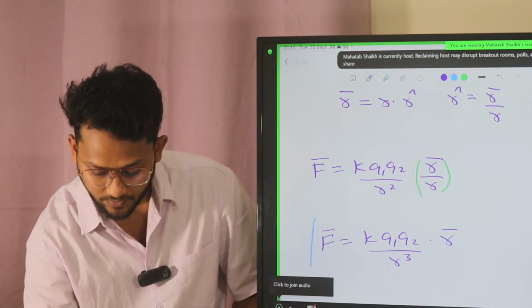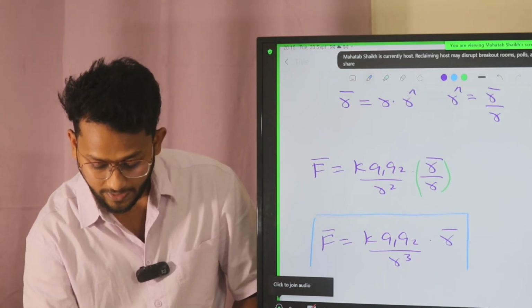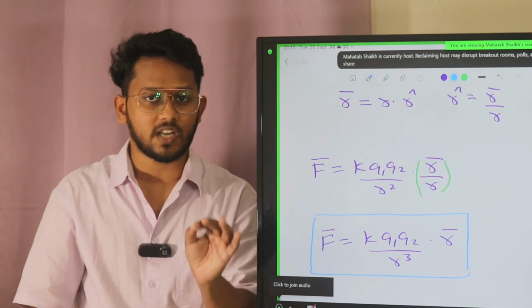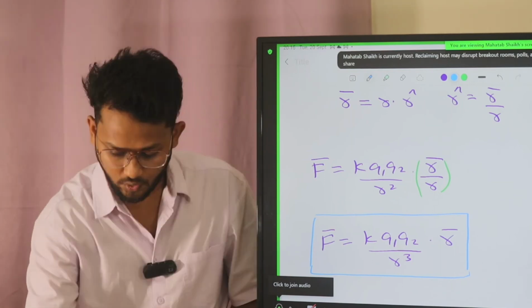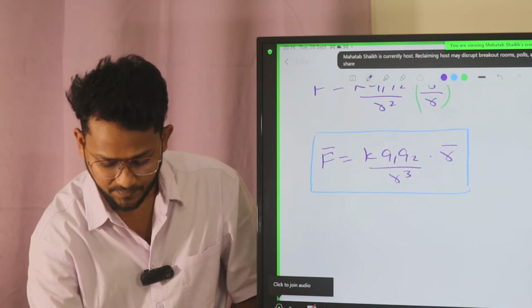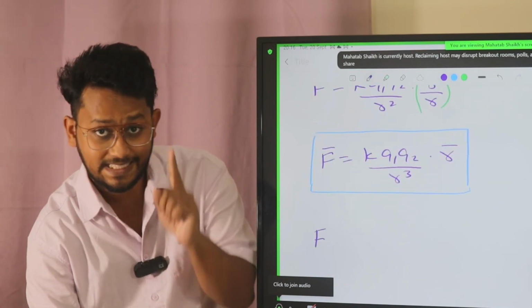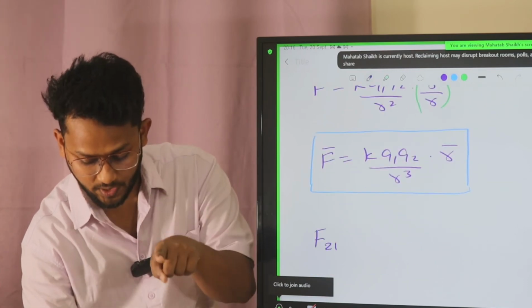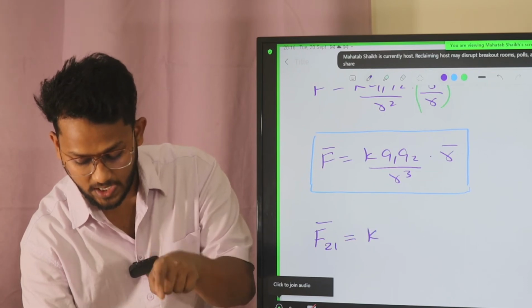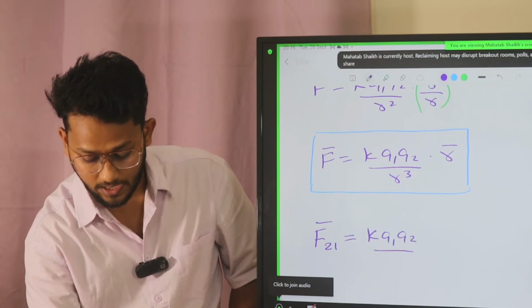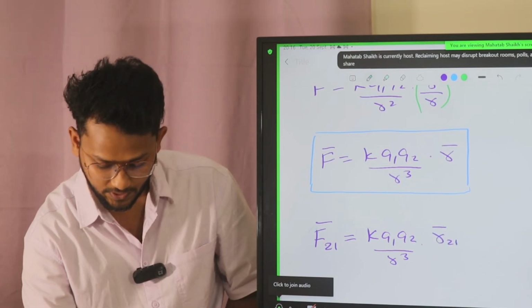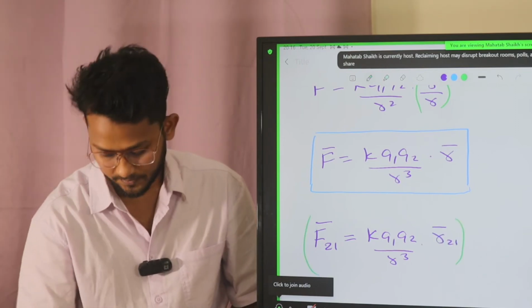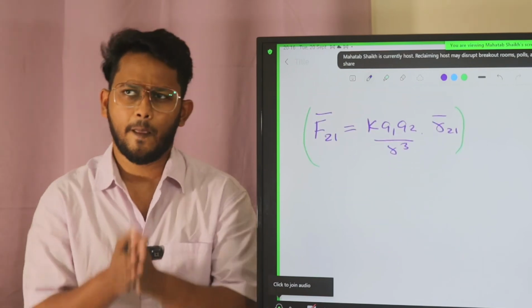This is in the form of a vector, specifically the position vector. So you can identify the force in terms of position. You can also write over here the force of the second charge with respect to the first charge as equal to K Q1 Q2 over R cube times R, the position of the second charge with respect to the first charge, right?